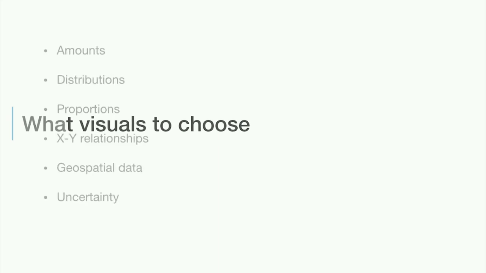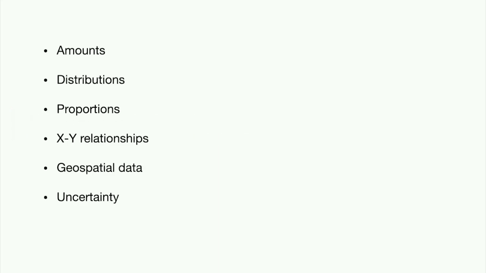But once you understand how humans and the brain work, the next thing is what visuals to choose. You understand there is space we need to keep, different colors, adding labels and all those things. But if you don't choose the right visual, then it's not great. If you're using a wrong visual, it's not great. When it comes to data visualizations, we have various types of data.